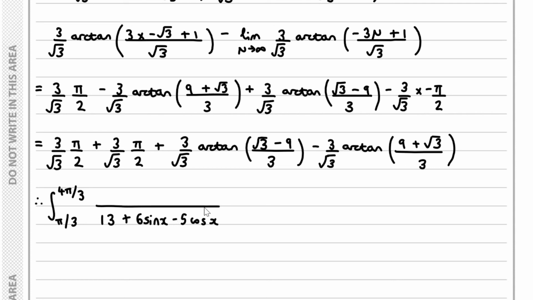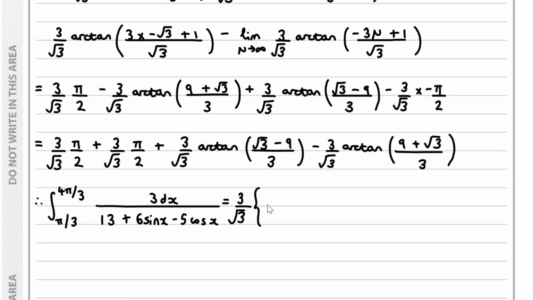So this result over here, if we factorize out the 3 over root 3, and then open up a big curly bracket. Well, here we've got pi over 2 plus another pi over 2, so that's just pi.